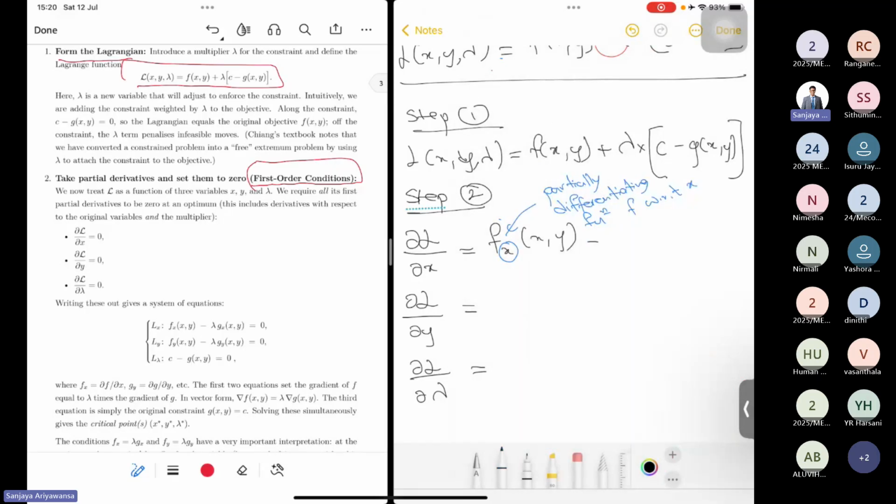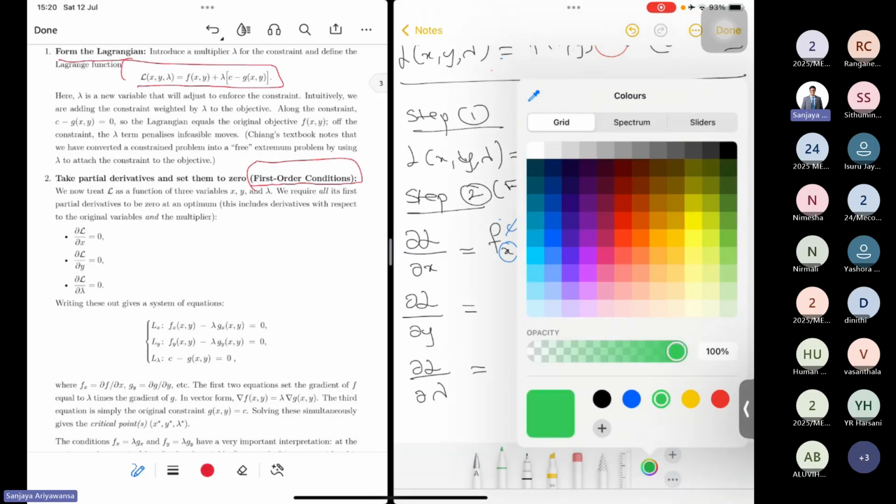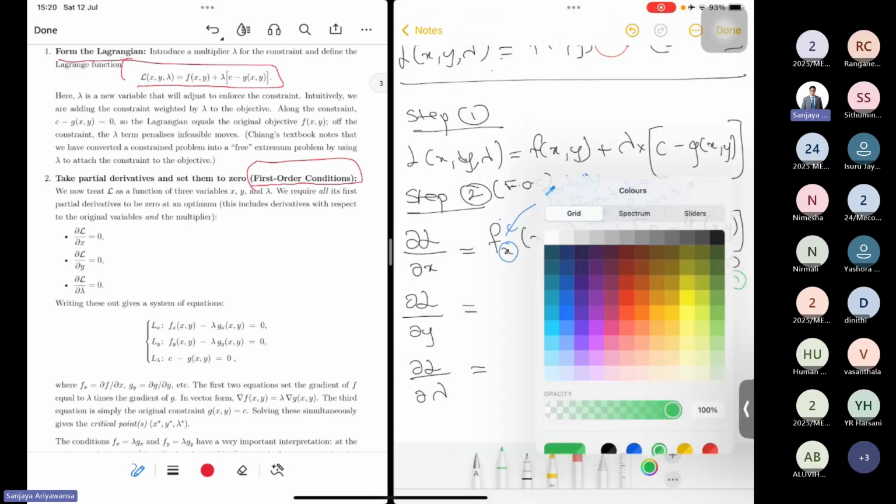Because it has an x in it, plus I have lambda times 0 minus, because when you're partially differentiating a constant with respect to x, it's 0. Again, I have x in the function g, so I partially differentiate the function g and I equate this to 0. These are my so-called first order conditions, right? So this is equation number 1.